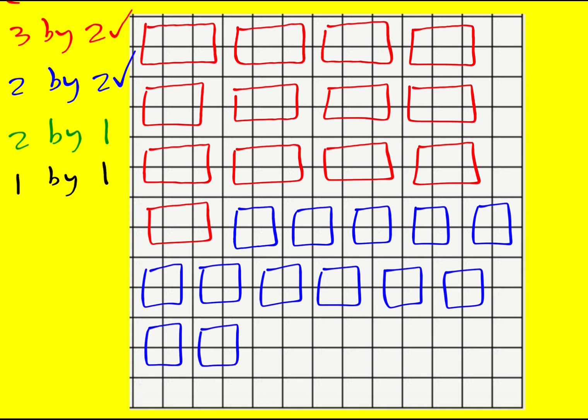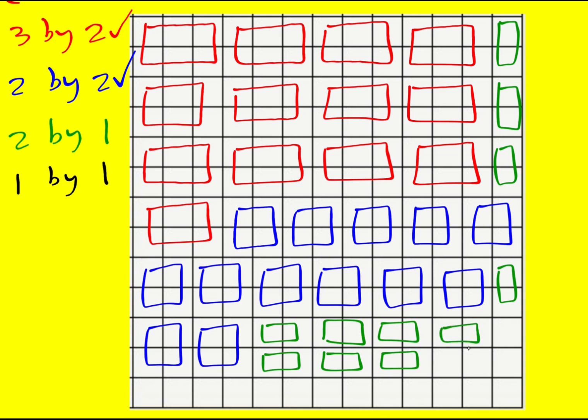Right, now the 2x1s can start filling in some of the gaps. 1, 2, 3, 4, 5, 6. We can already see success. 7, 8, 9, 10, 11, 12, 13, which just leaves 13 of these along the bottom row.